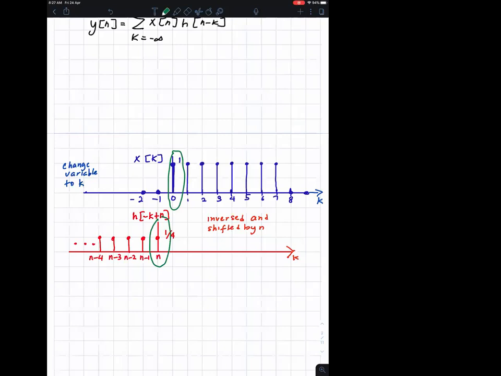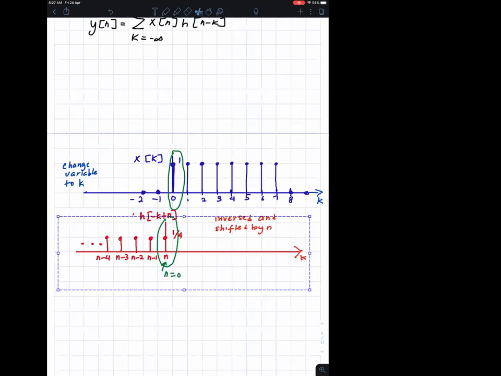When n becomes 0, they overlap, right? If n is 0, then you move in, that means you overlap like this.